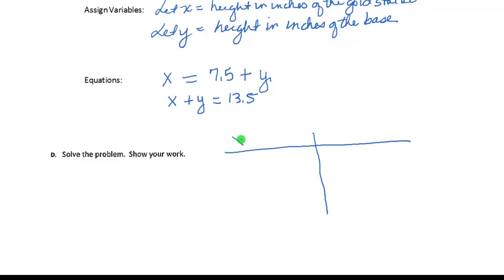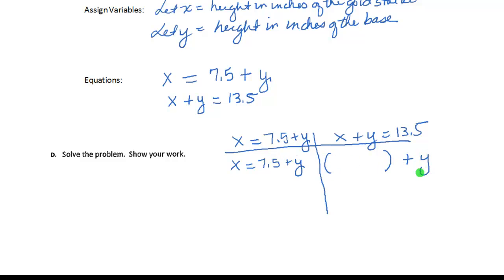We've already isolated the variable x. Here's our little table that helps us with this. We are going to replace the x over here with this 7.5 plus y. So put a parenthesis where x is. There's my equation without x.